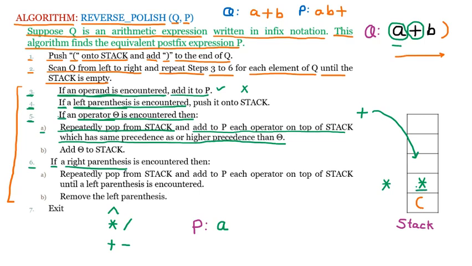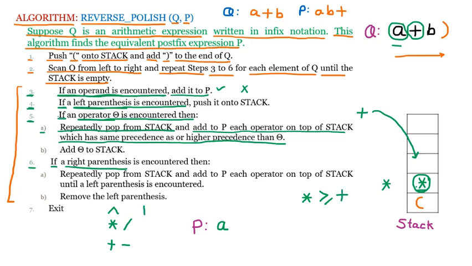Actually this is not the case of our example, but if it were there, then we have to check the precedence. If the precedence of the existing one, just like star is the existing one, is greater than or equal to the incoming operator which is plus, so you check the precedence.